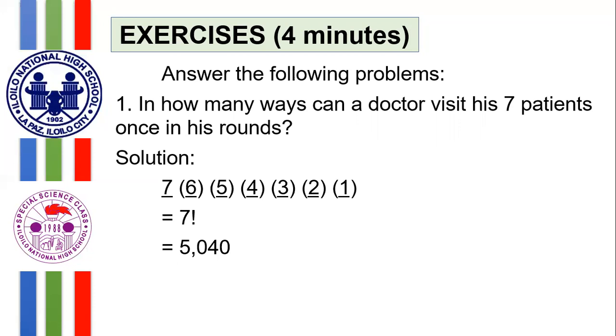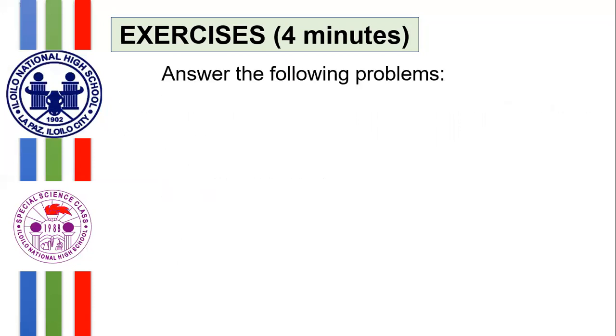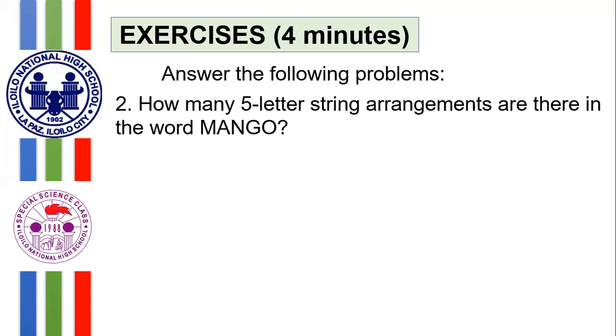Let's have the second one. How many 5-letter string arrangements are there in the word mango? Mango has 5 letters. You see that there are also no repetitions in the digits or in the letters.